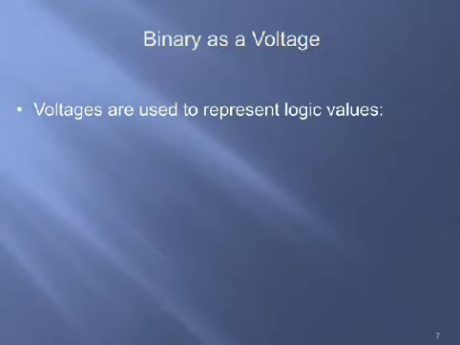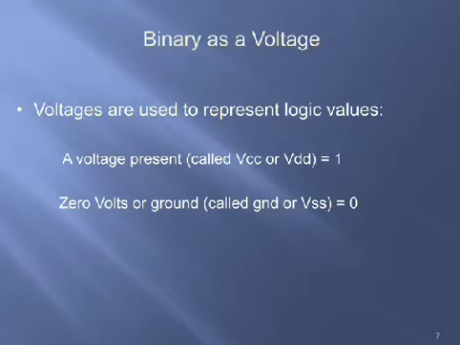Since voltages are mainly used to represent the logic levels, if a voltage is present, or VCC or VDD, it is treated as logical 1. Similarly, 0 volts or ground or VSS is treated as logical 0. So some non-zero voltage level can be treated as logical 1 and 0 voltage level can be treated as logical 0.